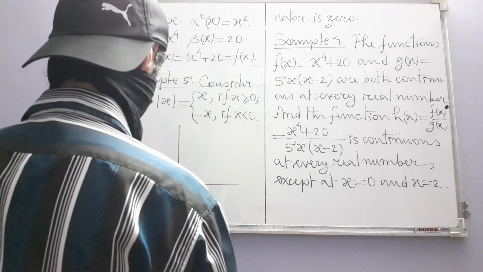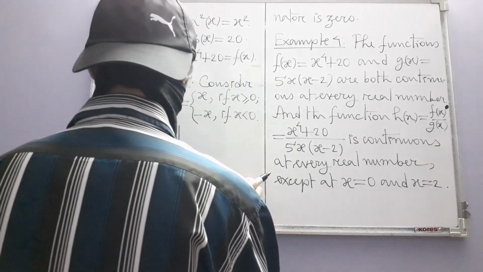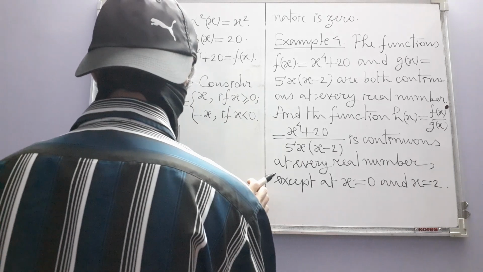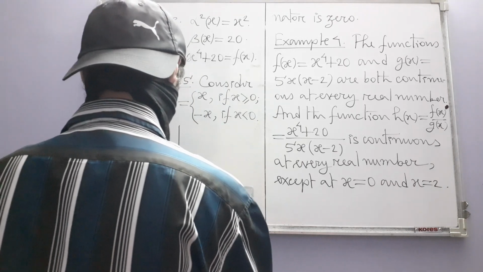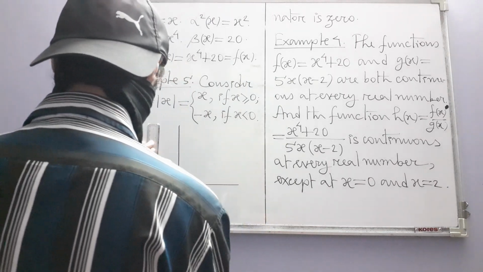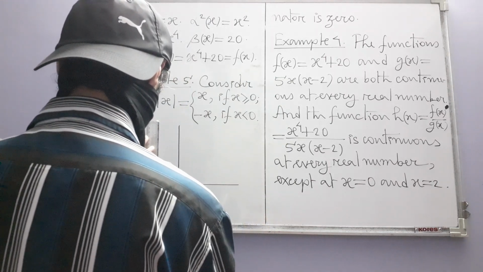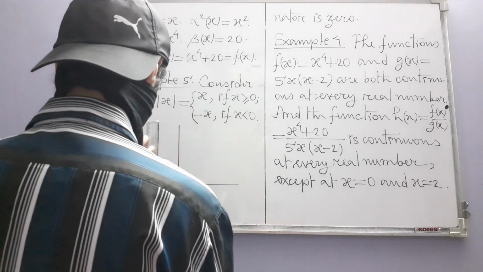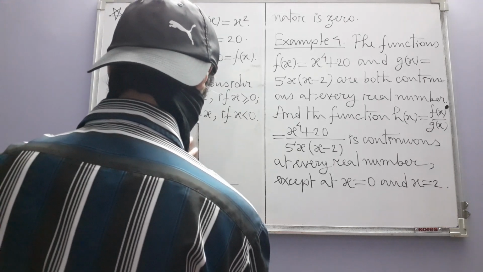Now if one draws the graph of this function, the graph has one sharp corner at x equal to 0 and it's just a straight line everywhere else. Let me just draw it somewhat carefully.